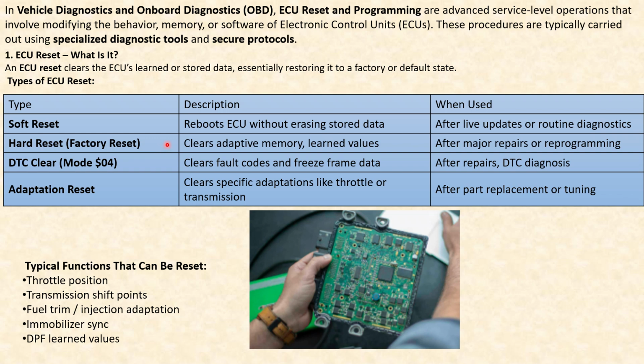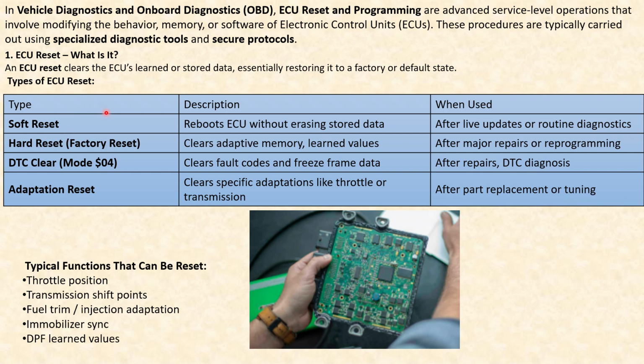A hard reset clears the adaptive memory and learned values after major repairs or reprogramming. DTC clear mode $04 clears the fault codes and freeze frame data after repairs and DTC diagnosis. Adaptation reset clears specific adaptations like throttle or transmission after part replacement or tuning.